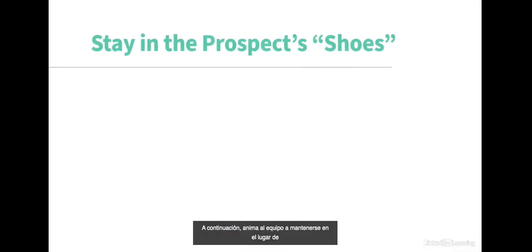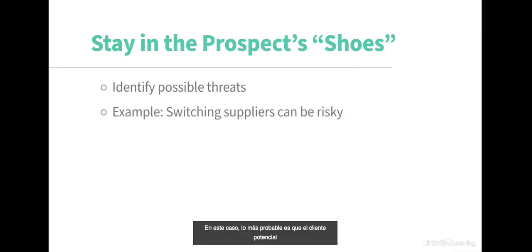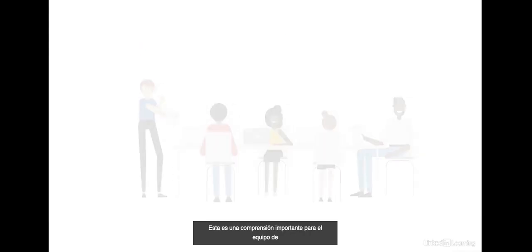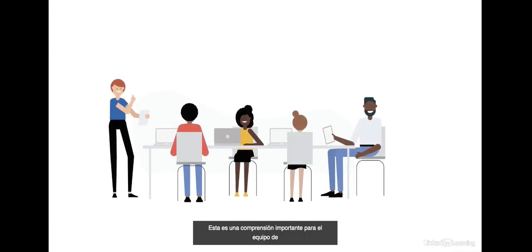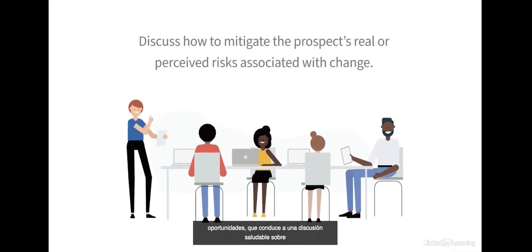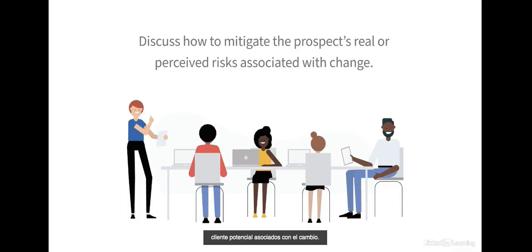Next, you encourage the team to stay in their prospect's shoes to figure out possible threats. In this case, the prospect would most likely view making a change in suppliers as risky. This is an important realization for the opportunity team, which leads to a healthy discussion about how you can mitigate the prospect's real or perceived risks associated with change.